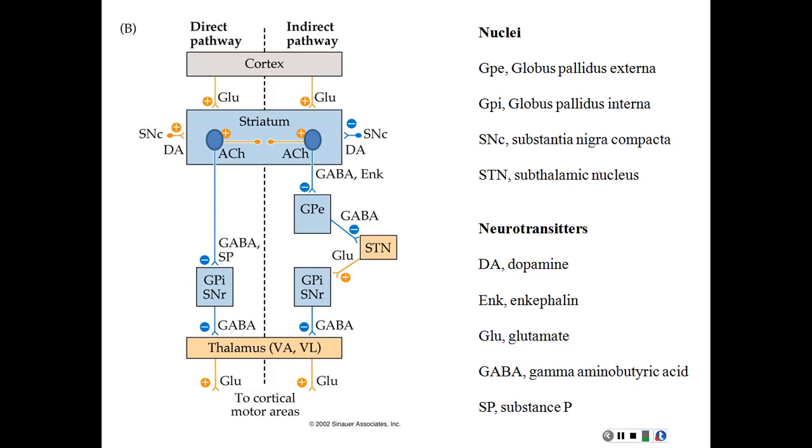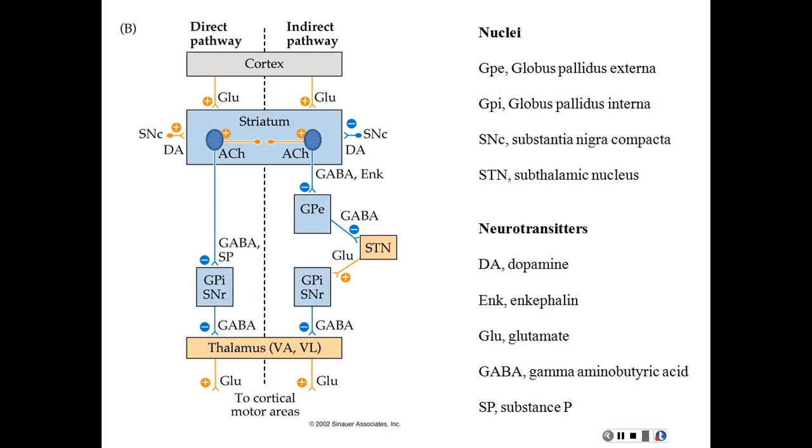In the case of Parkinson's disease, we actually have a loss of this dopamine coming in. Now, dopamine, as I just mentioned, can either have an excitatory or an inhibitory influence. And we see this on the box by our substantia nigra compacta, with DA for dopamine having either an inhibitory influence or an excitatory influence within the basal ganglia.